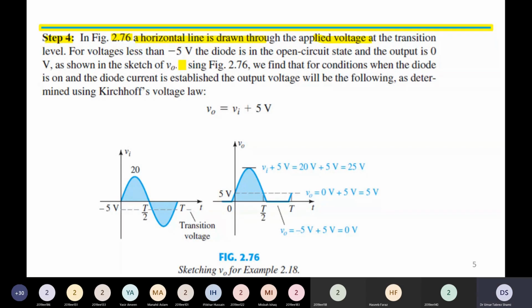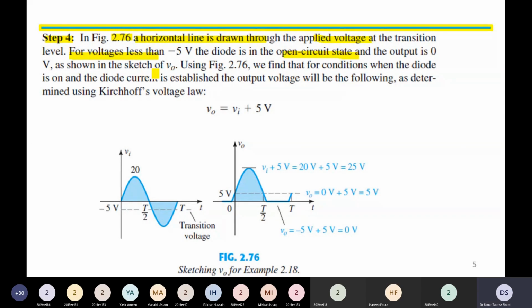The transition level is defined by the value of DC voltage added. For voltages less than minus 5 volt, the diode is in the open circuit state and the output is 0 volt, as shown in the sketch of Vout.